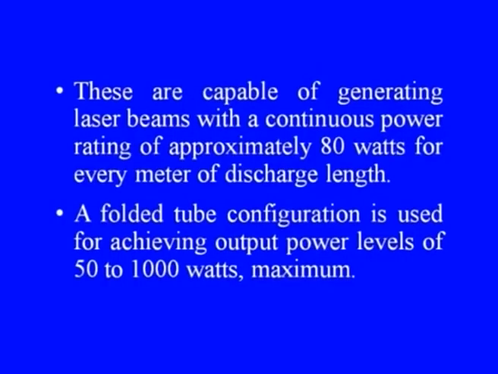These are capable of generating laser beams with a continuous power rating of approximately 800 watts for every meter of discharge length. A folded tube configuration is used for achieving output power levels of 50 to 100 watts maximum.